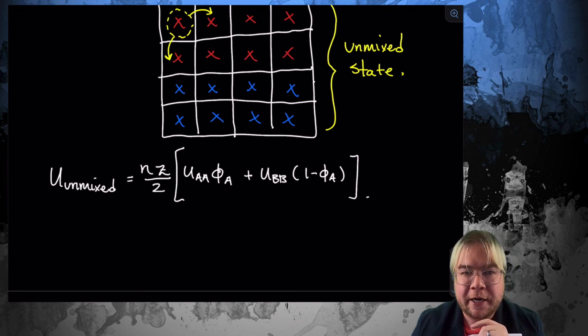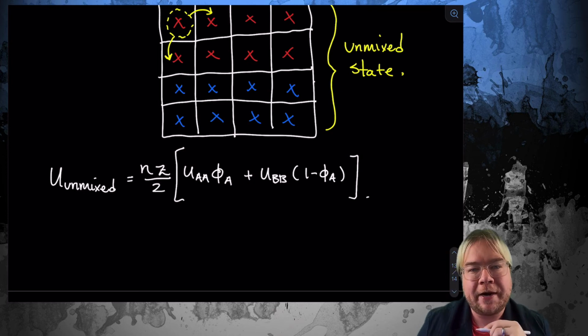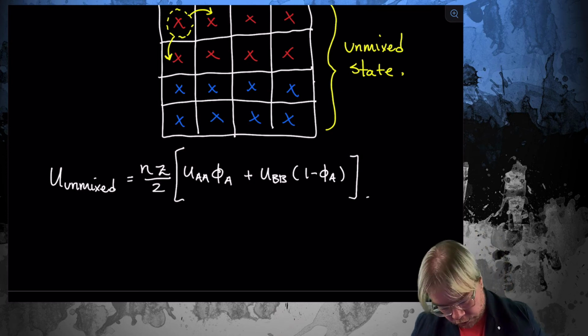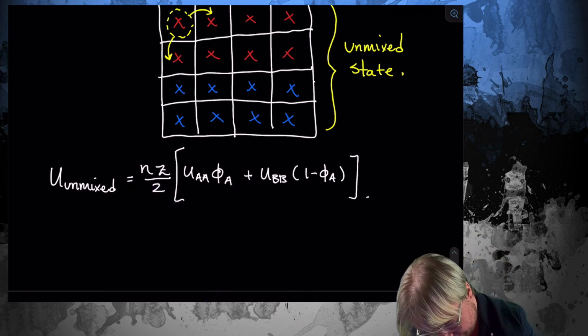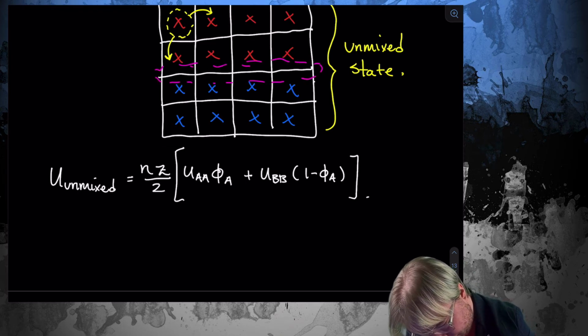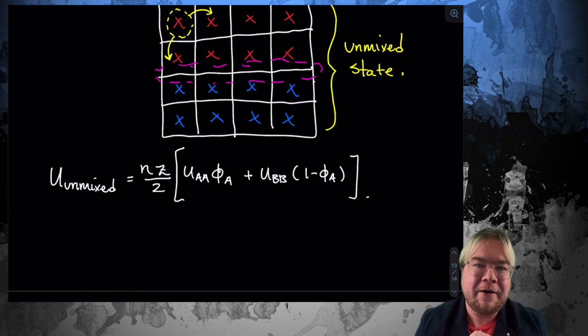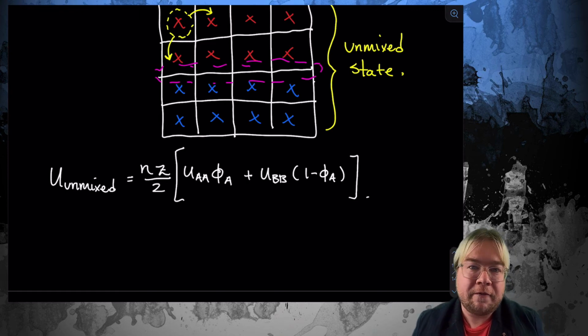Now, if you've been following along carefully, you're going to freak out right now. You're like, but wait, you forgot all of these particles here, because those A particles will interact with the B particles. You're not wrong, but if you consider a very, very large system, the surface to volume ratio is going to be very small.